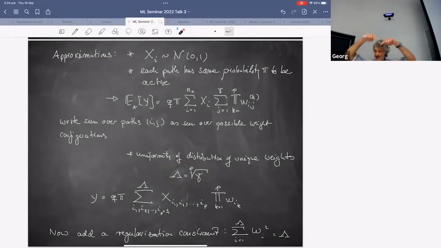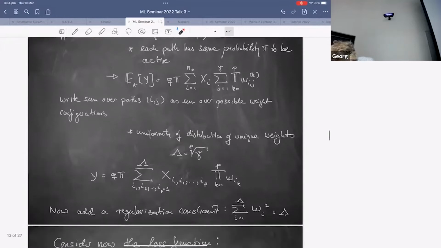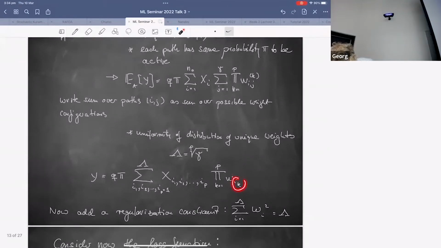And now let's say ik tells us the weight or the connection of the k-1 to the kth layer. Okay, so we can now relabel all these ij's here through those ordering of the unique weights. And I'm going to just assume for now that each weight occurs only once.